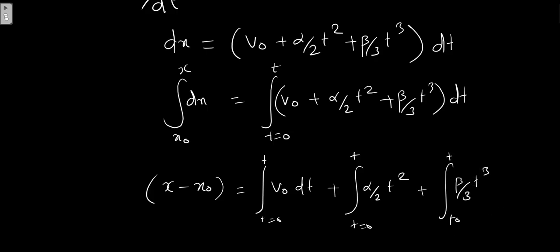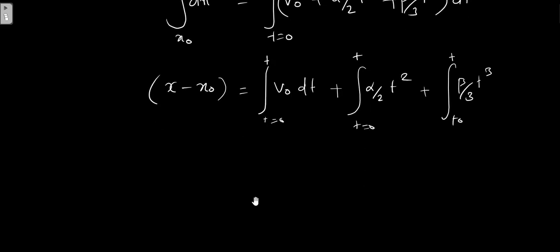For the first term, v0 is a constant, so constant into dt gives v0 into t, upper limit minus lower limit, 0 to t.